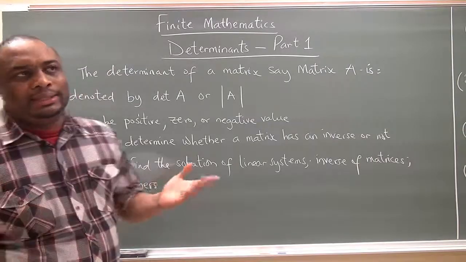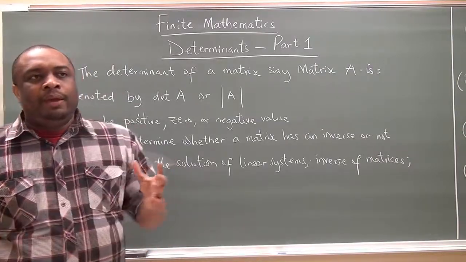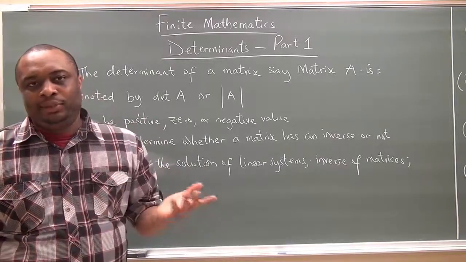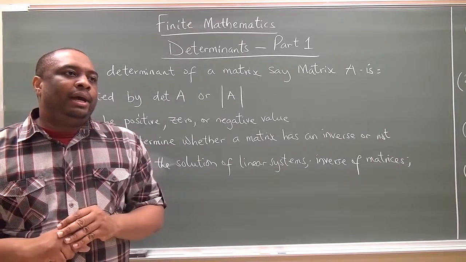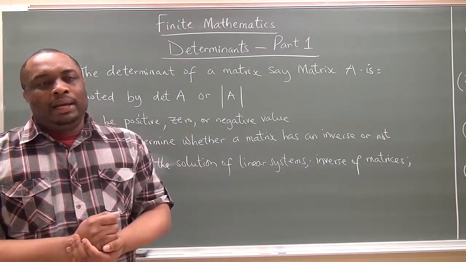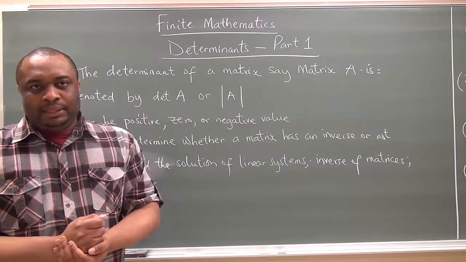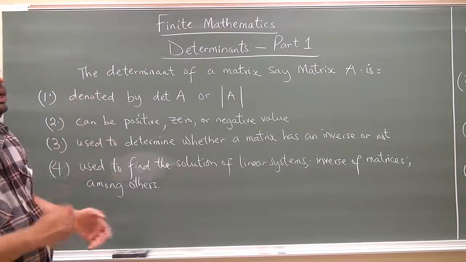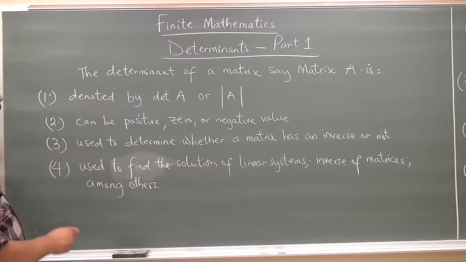Now we should note this, that a determinant of a matrix only exists for square matrices. Okay, matrices that are not square matrices do not have determinants. You know what I mean by square matrices. We talked about it in previous videos.